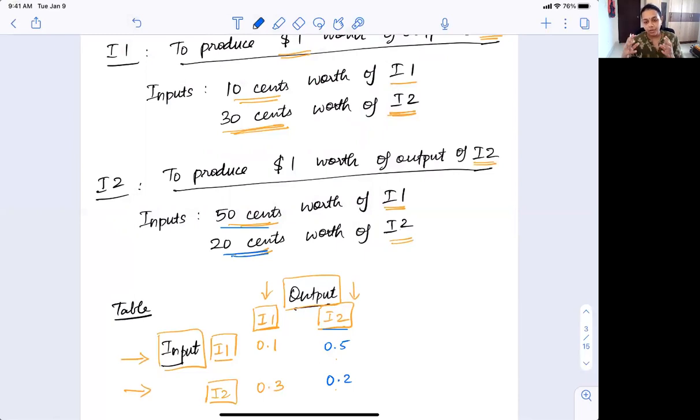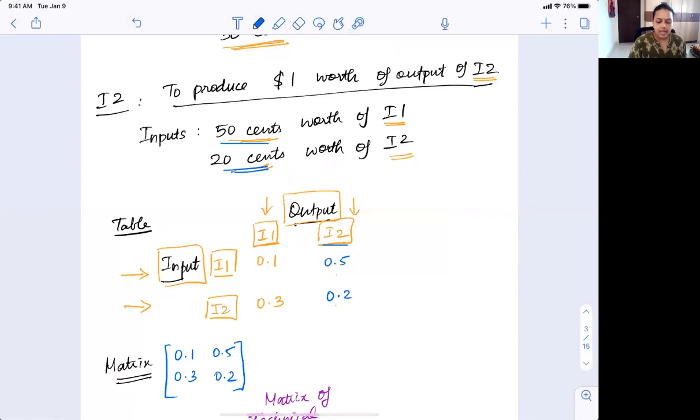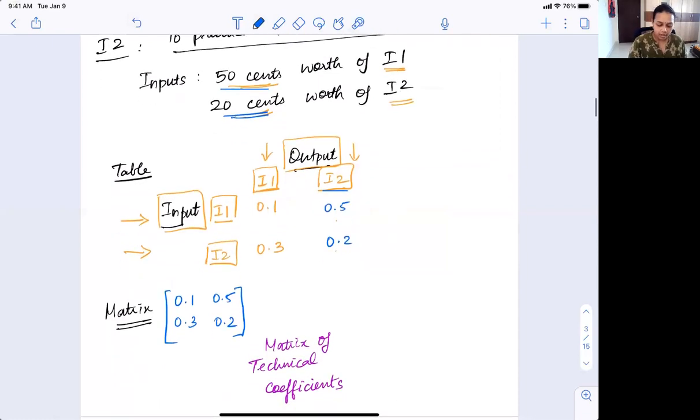And when we want to start doing analysis with this using matrix algebra, the next natural step is to put this in the form of a matrix. So we can write this as 0.1, 0.5, 0.3, and 0.2. And this is actually called the matrix of technical coefficients, or technology matrix.